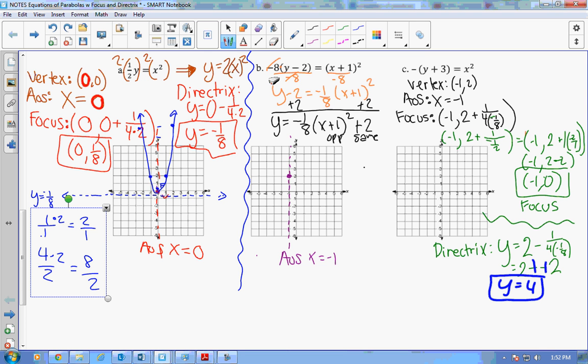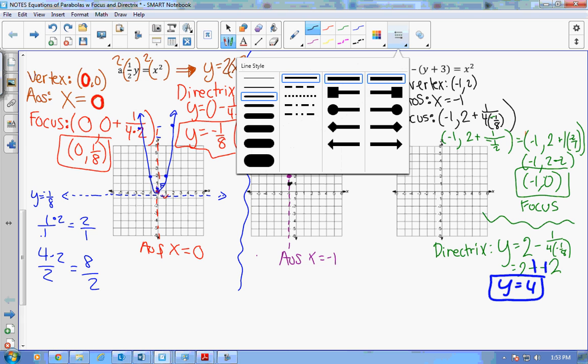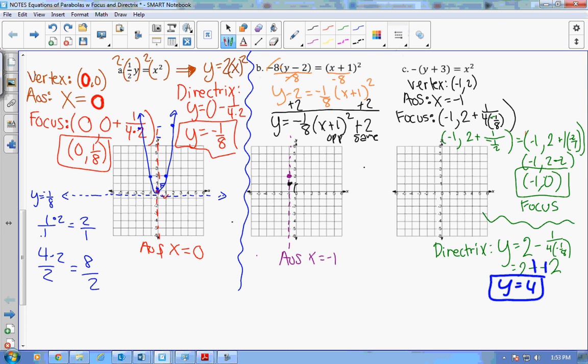Make sure the vertex is on the axis of symmetry. If it's not, you made a mistake. What else can we plot? The focus, negative 1, 0. That's my focus.